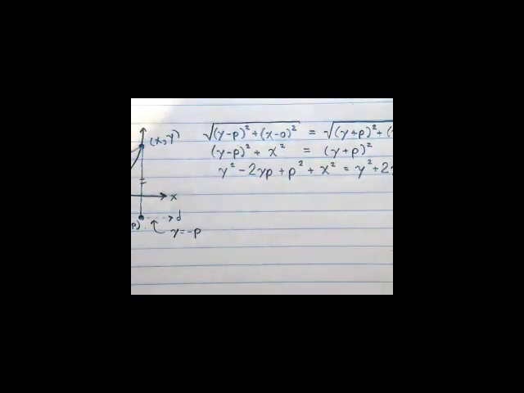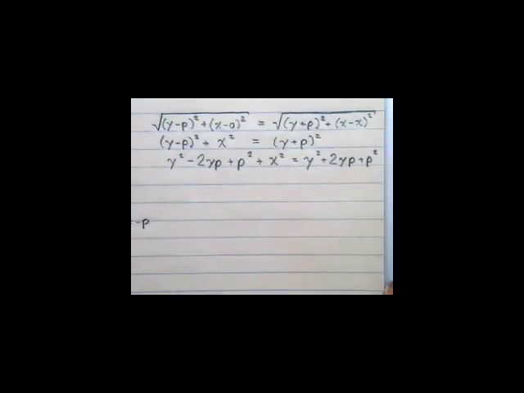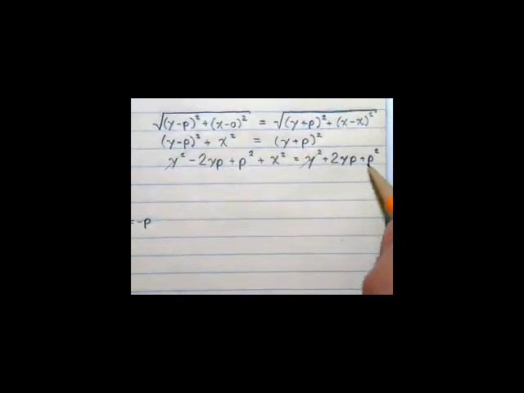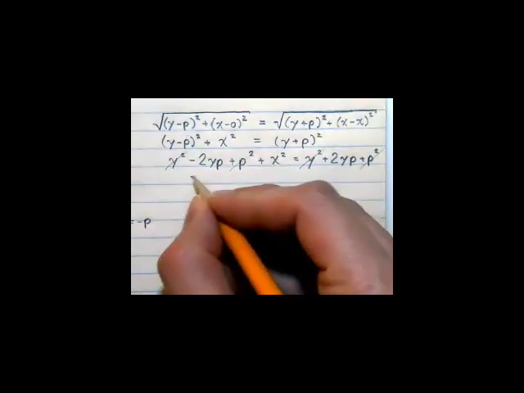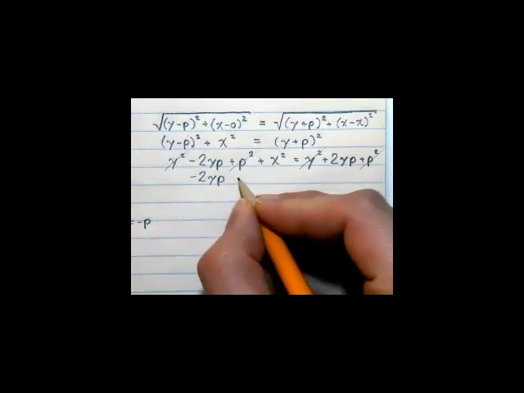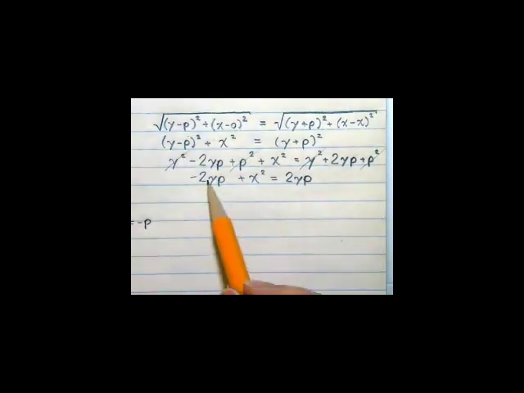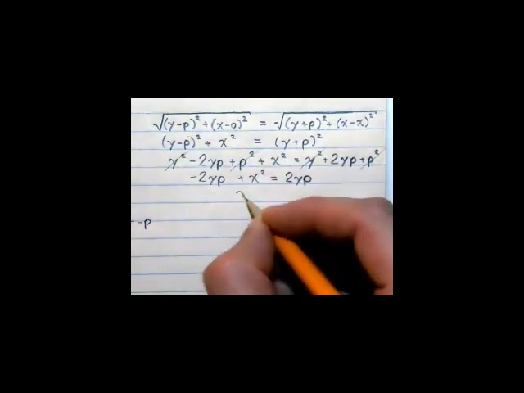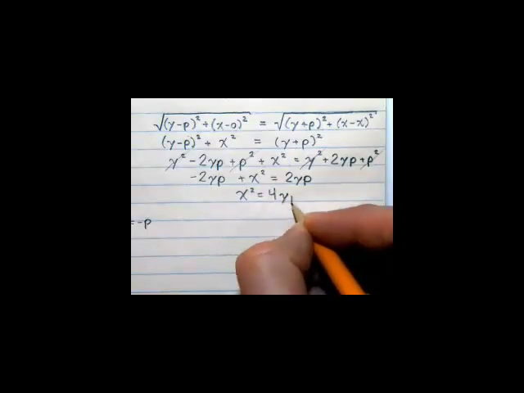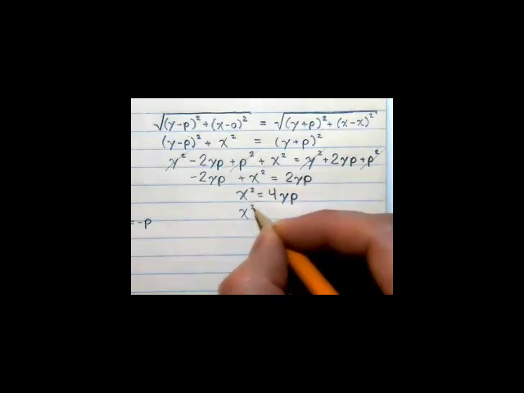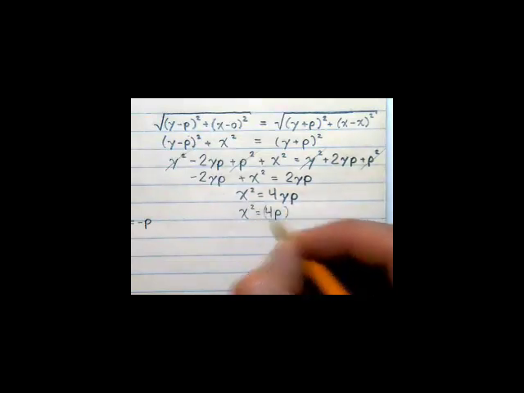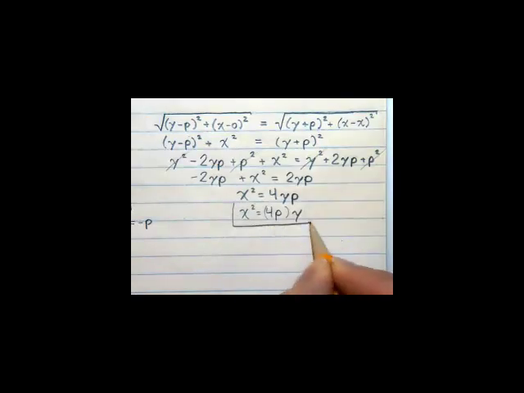And then there's still that little x squared floating around. Okay, anybody notice anything we can start to get rid of here? Yeah, you can cancel the y squareds and the p squareds. Right, the y squareds and the p squareds will be gone. And then just move the 2yp to the right side. I'll do one step at a time here. So get rid of all those. Next, negative 2yp plus x squared equals 2yp. And then you said take this one and add it over to there. Yep, and just doing a little bit of rearranging. There it is.